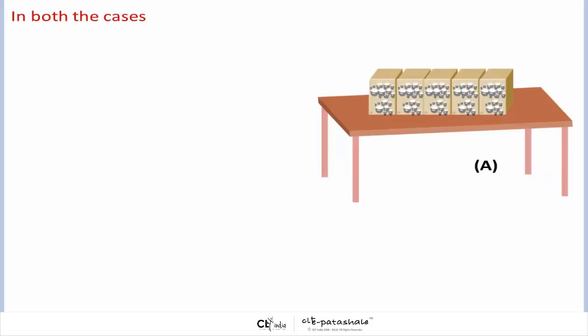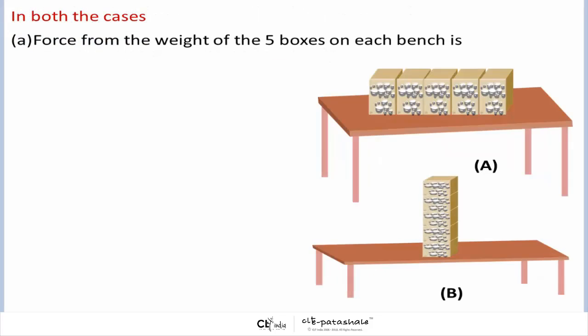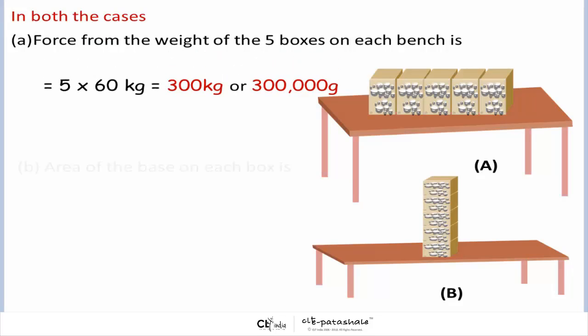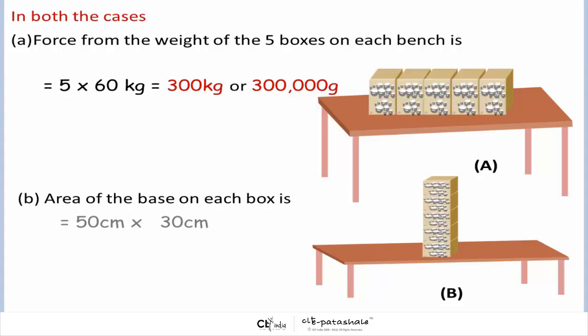In both cases, force from the weight of 5 boxes on each bench is equal to 5 into 60 kg, which equals 300 kg or 300,000 gram. The area of the base of each box is 50 into 30 centimeter.